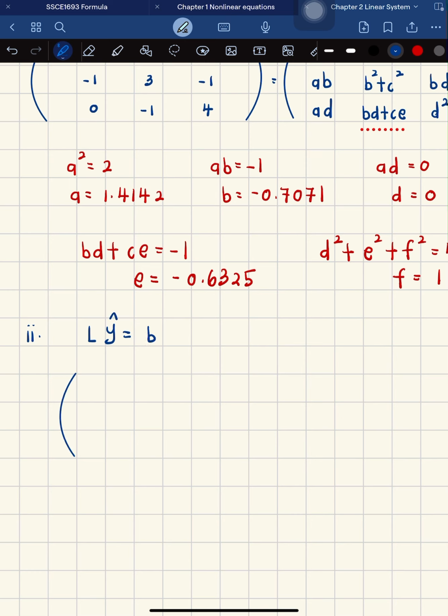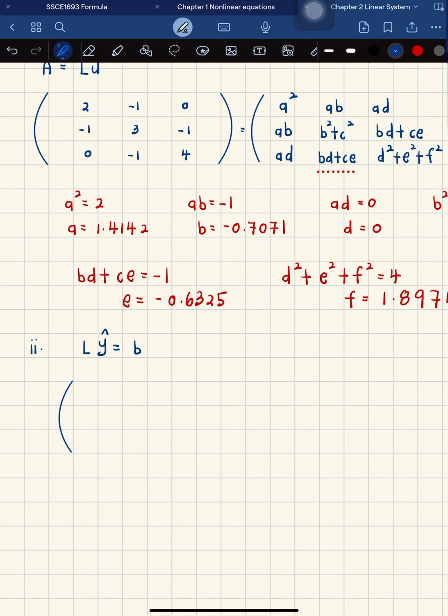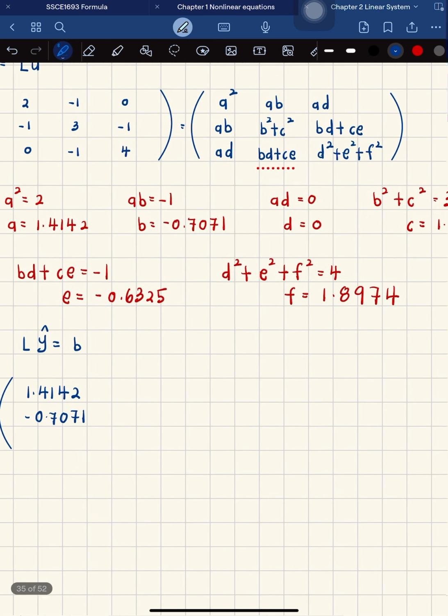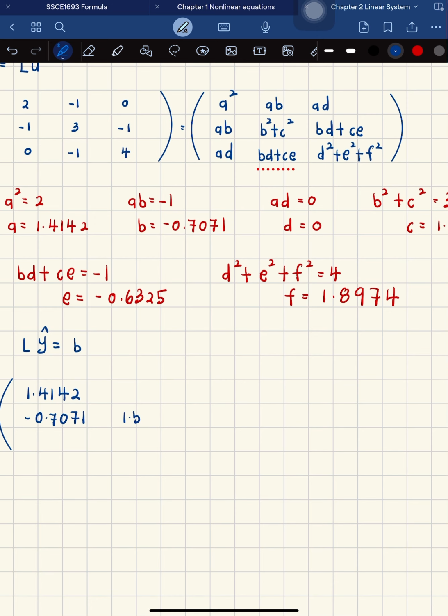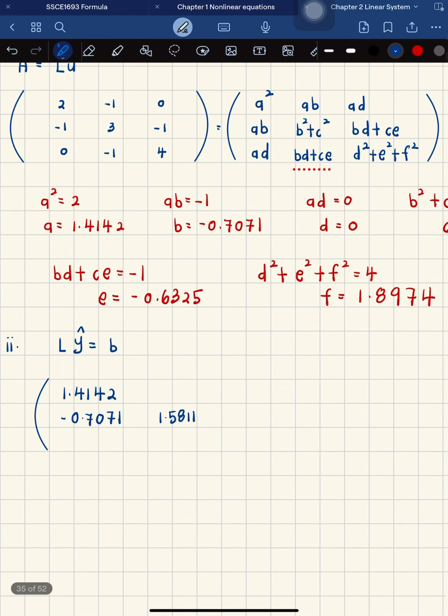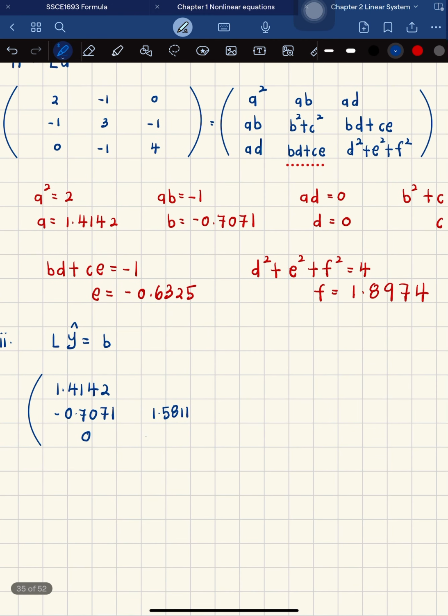So matrix L: A, B, C, D, E, F, and the others equal to 0.